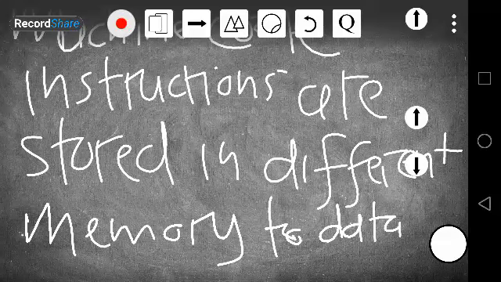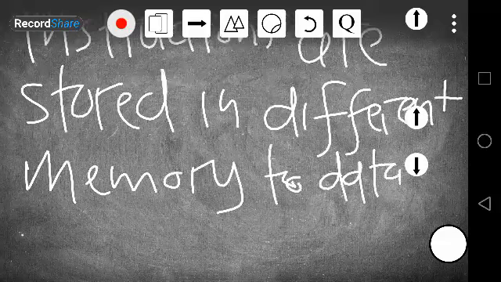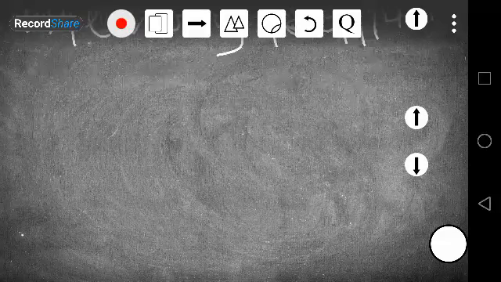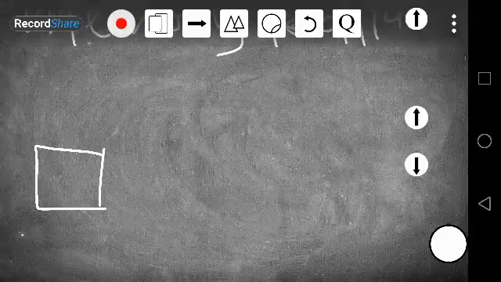Okay, so we are saying in the von Neumann architecture we realized that we have input here.